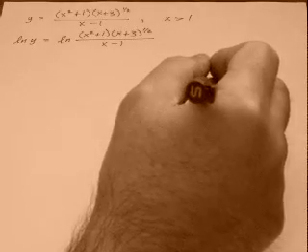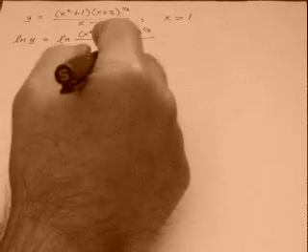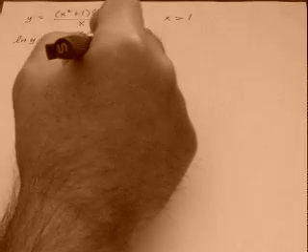Alright, so you take the natural log of both sides of this equation. Well, you apply the properties of logarithms on this side. What you have is the natural log of a quotient. So you apply the quotient property of natural logarithms, right? So that would be ln of a over b is ln a minus ln b, right?